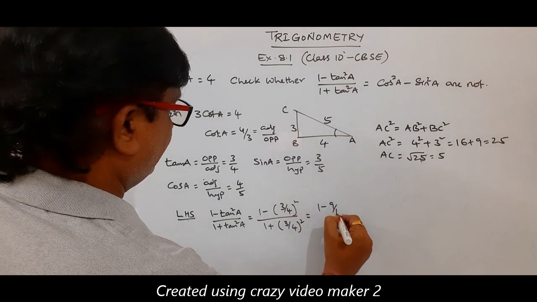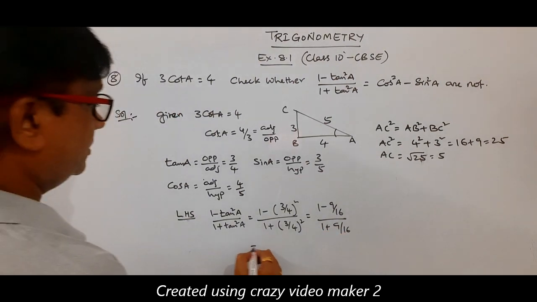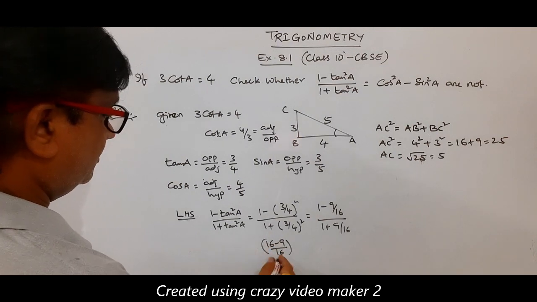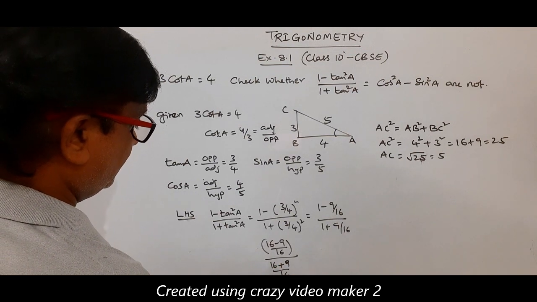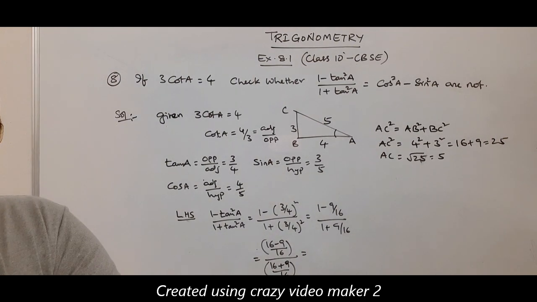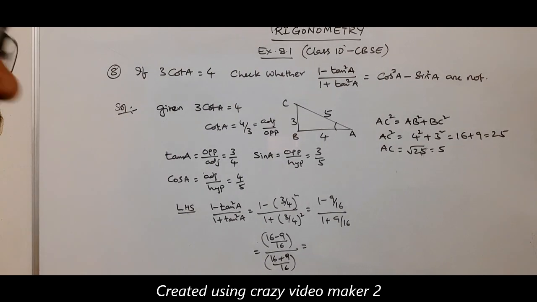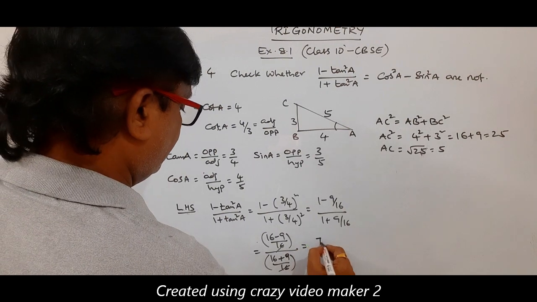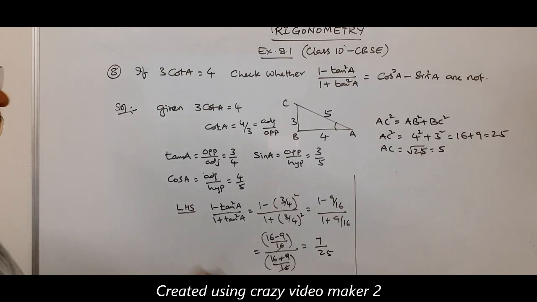So 1 minus 9 by 16 by 1 plus 9 by 16. So 16 minus 9 by 16 is the numerator, and 16 plus 9 by 16 is the denominator. Now 16 will be cancelled. This is 7 by 25. That is the LHS part.